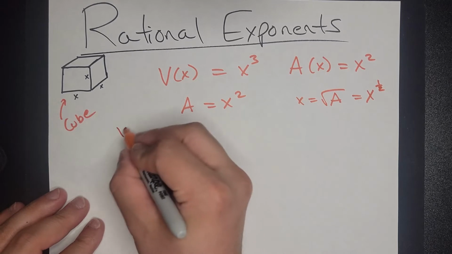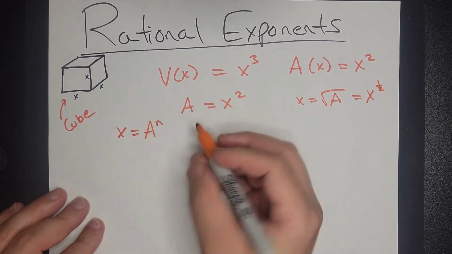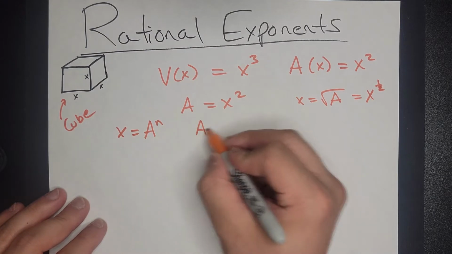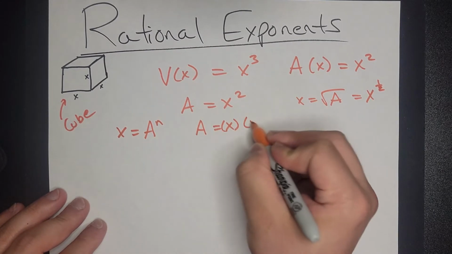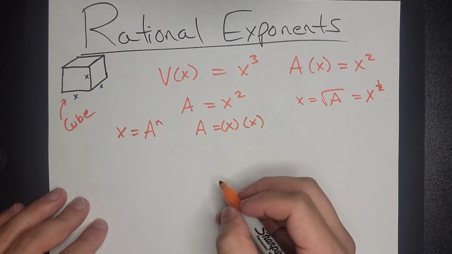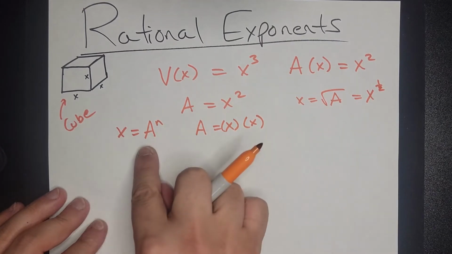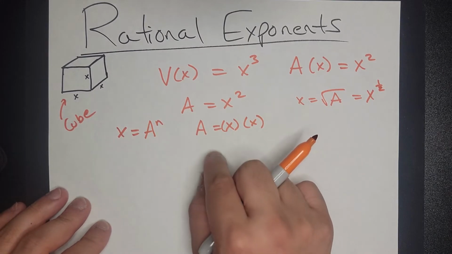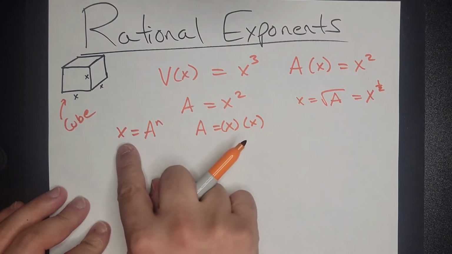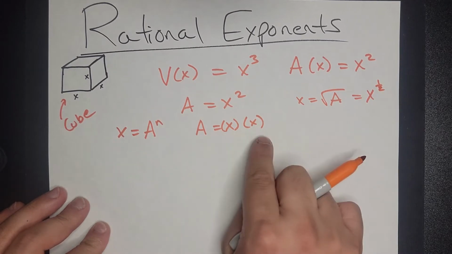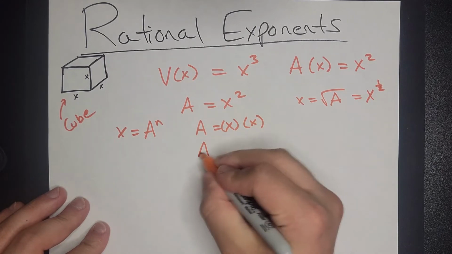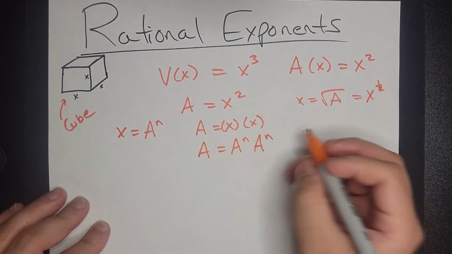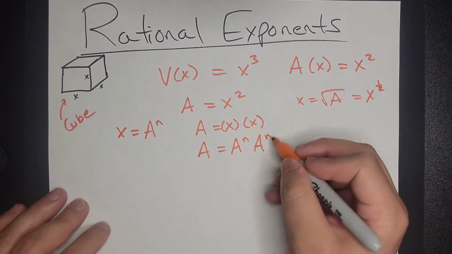You can say x is equal to a to the power of n, and I don't know what n is yet, but I know that a is equal to x times x. So by this logic, if a to the n equals x, and I have a equals x times x, that means a is equal to a to the power of n times a to the power of n.